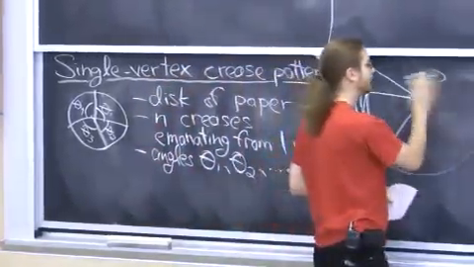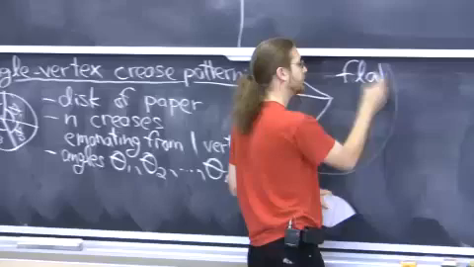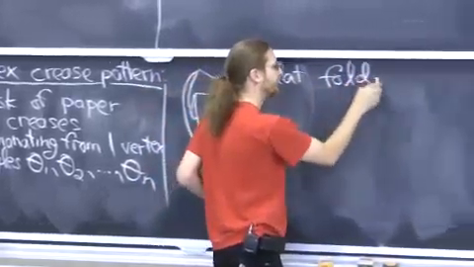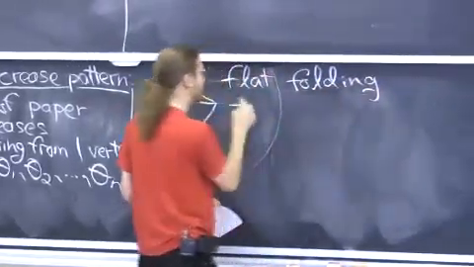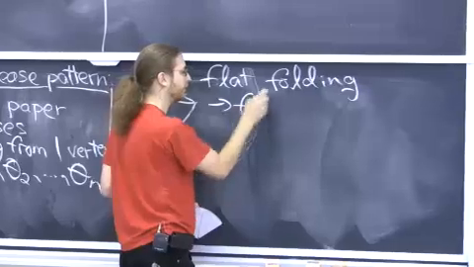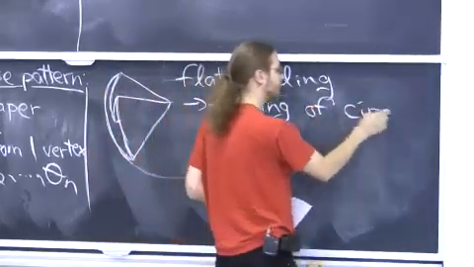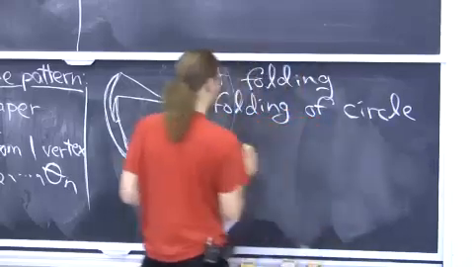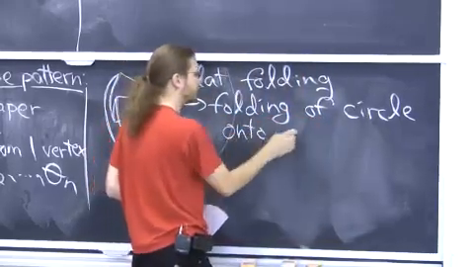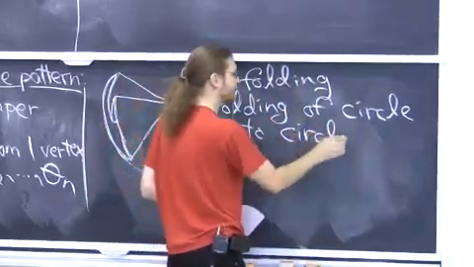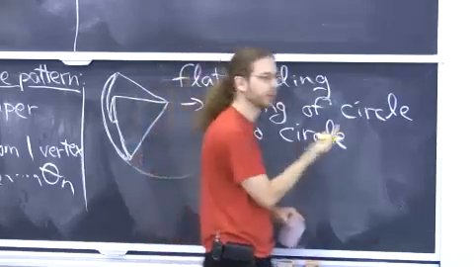So we have a flat folding in one of these single vertex crease patterns. We get a folding of a circle onto a circle.